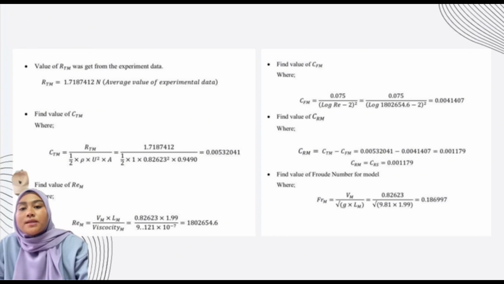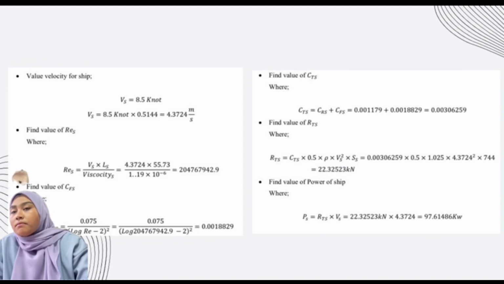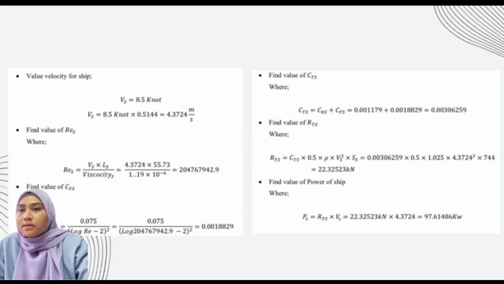And also we use the same formula for the value of velocity for the ship. Also we use the same formula as well. And yeah, that's it from our expected result.